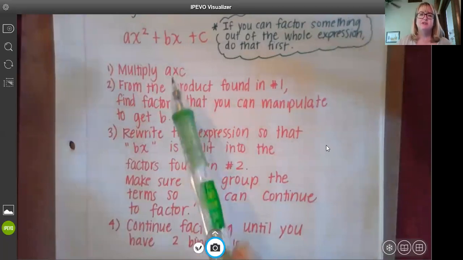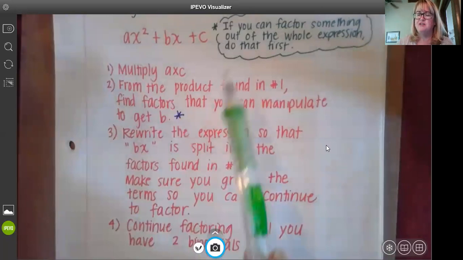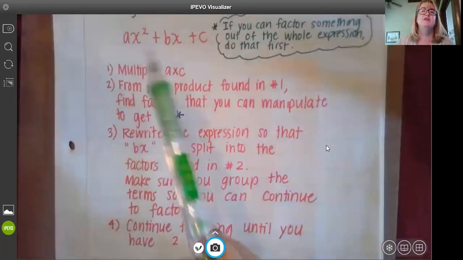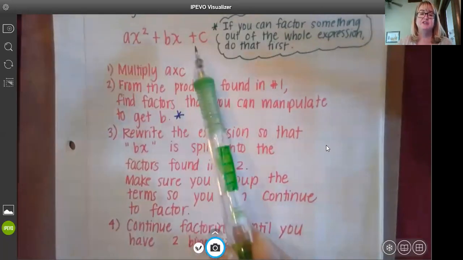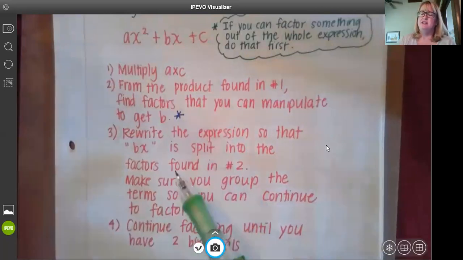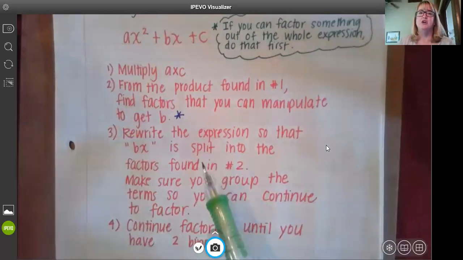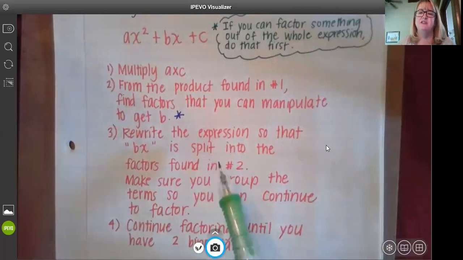So it's very similar to what we were doing before. However, you have to see if you can factor the whole thing, and then you need to multiply a and c first. This is where it gets a little bit tricky, and it won't really make sense until we start looking into it, but you're going to rewrite the expression so that bx is split into the factors found in number 2.